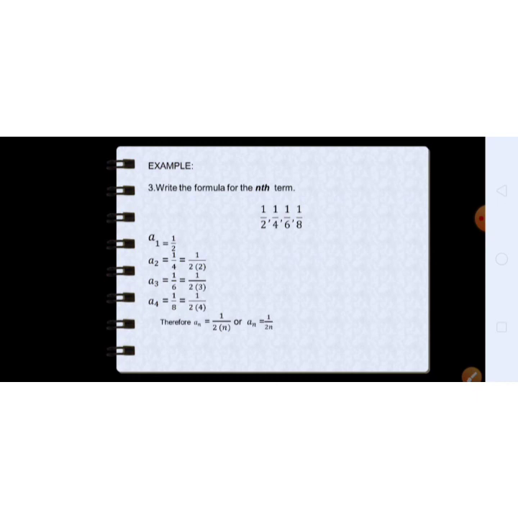So 1 over 2 times, substituting the value of n, which is 1, gives 1/2, and the second term is 1/4, and the third term is 1/6, and the fourth term is 1/8. So therefore a sub n is equal to 1 over 2n. And that would be all.